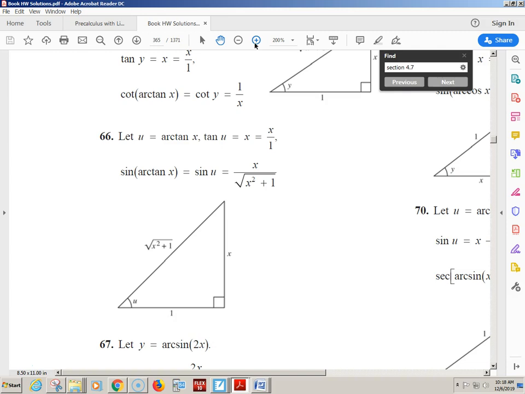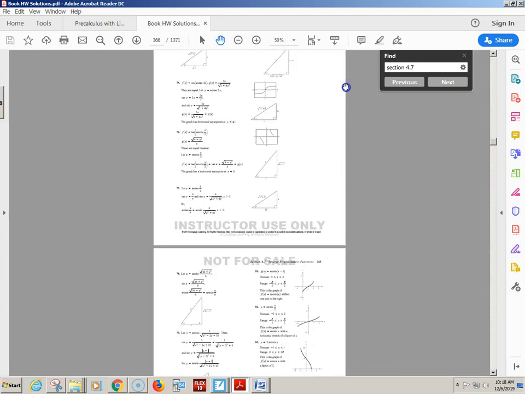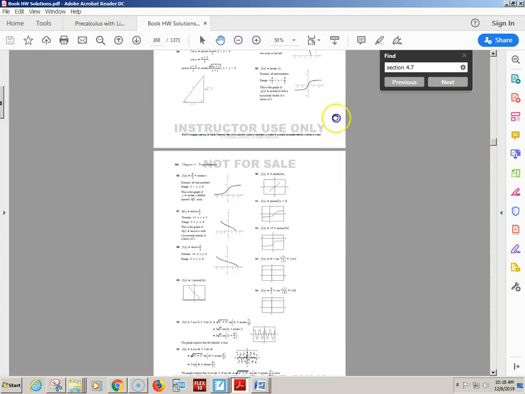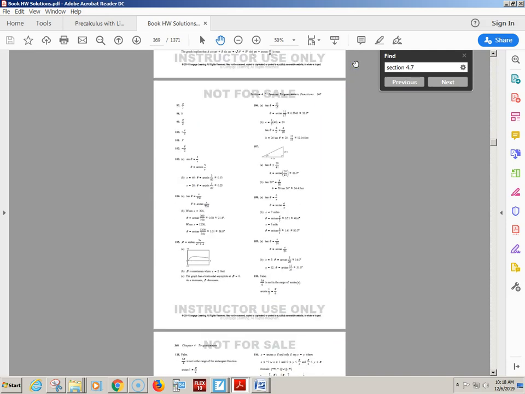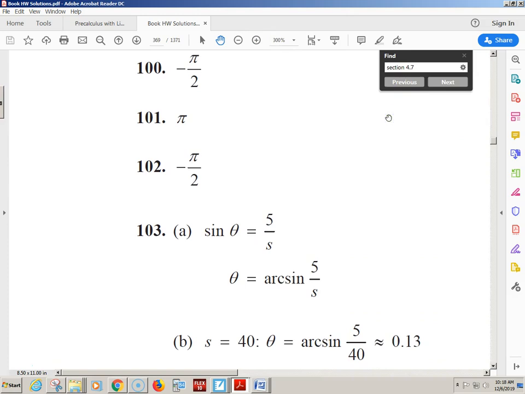And then 102. Negative pi over 2. Any other evens? Nope. Okay, let's go back to our answer key.